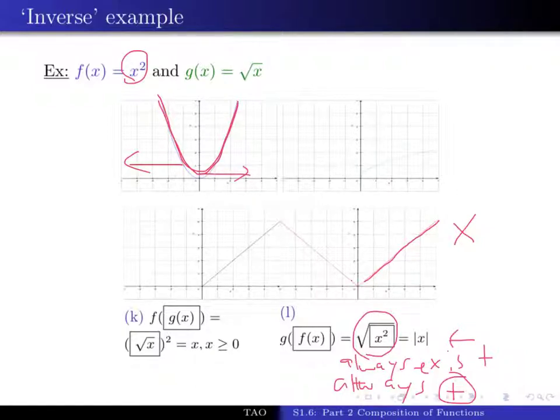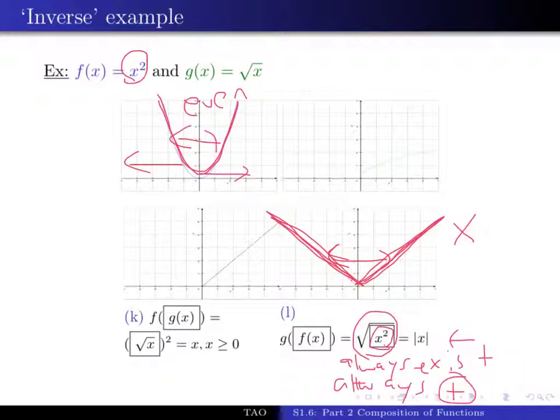And our x squared is an even function. So sticking an even function into something means that we have to get an even function out. So if it goes up like this over here, it has to come down like this over here.